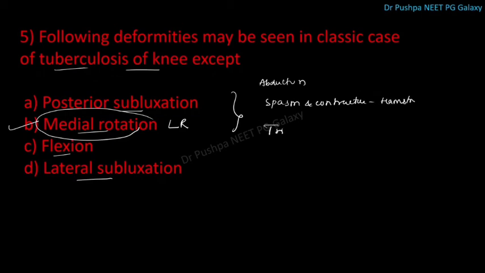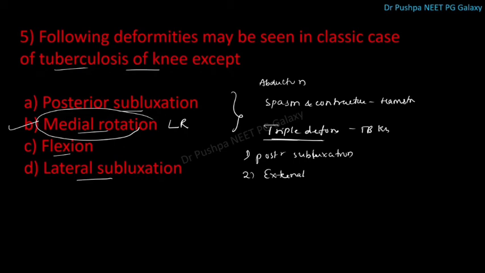There is something called triple deformity, which is seen in TB knee. So what are the components of triple deformity? One is posterior subluxation, second is external or lateral rotation of tibia, and there will be flexion of knee.